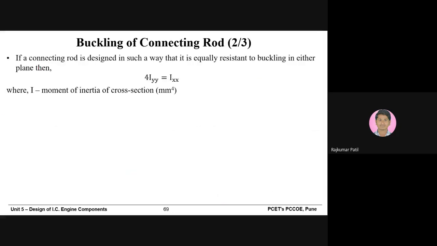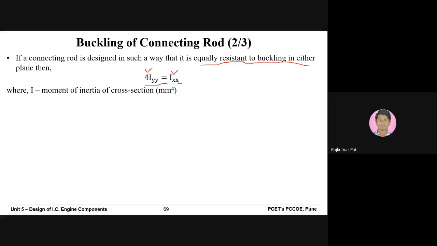So if a connecting rod is designed in such a way that it is equally resistant to buckling in either plane, so if we assume both planes should have the same amount of buckling, then the moment of inertia for both the axes is given here: 4Iyy is equal to Ixx.